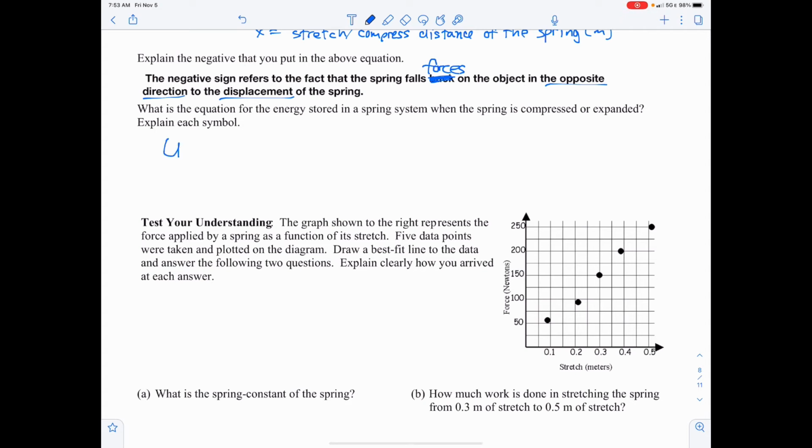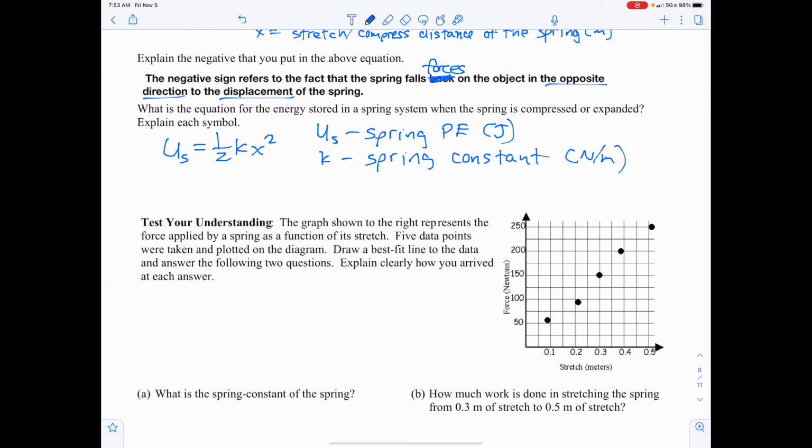Well, the equation would be U sub S, that's the spring or elastic potential energy, and that's equal to 1/2 times K times X squared, where U sub S is the spring potential energy in joules, K is the spring constant in newtons per meter, and X is the stretch or compressed distance in meters.